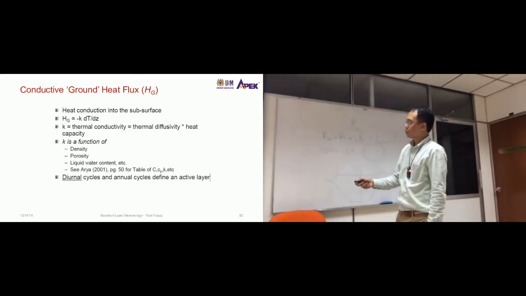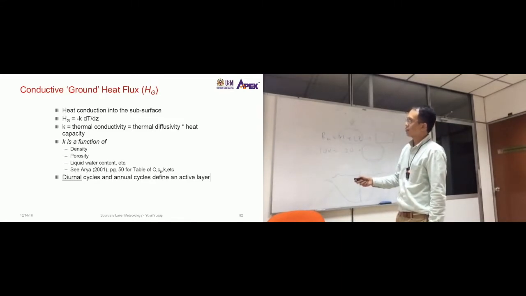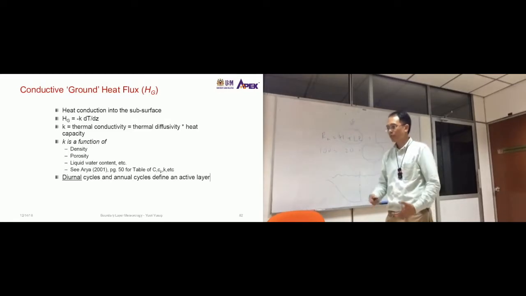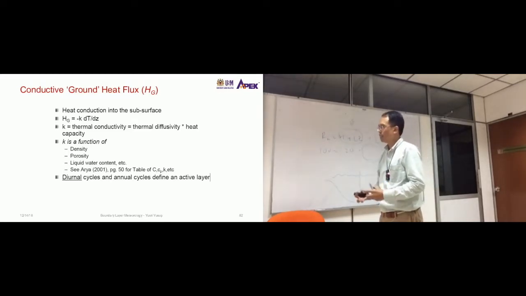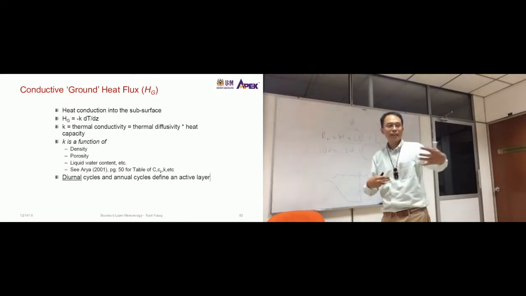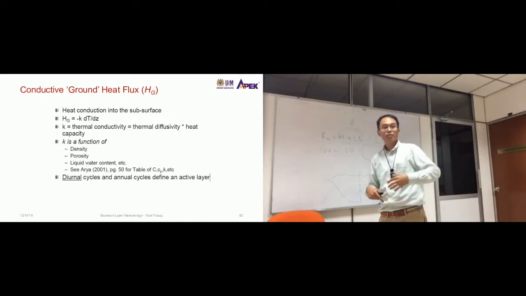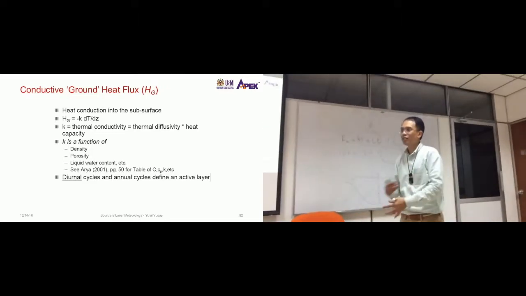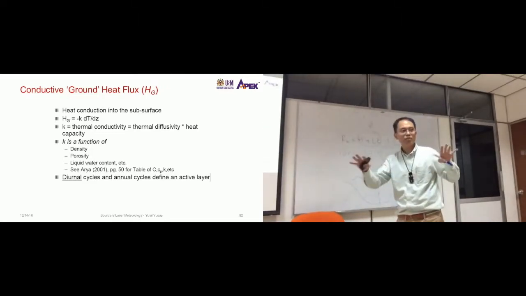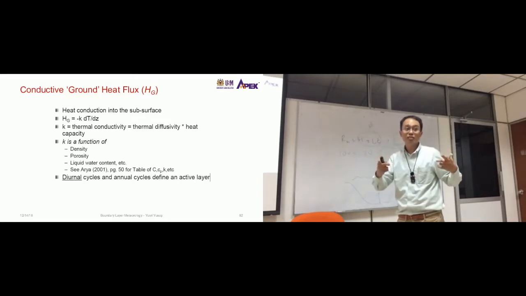Diurnal cycles and annual cycles define an active layer. So the heat flux coming from the ground, or the capacity of the ground to absorb heat, changes throughout the day because of the sun. It also changes throughout the year because of the season. Although we can more or less estimate in Malaysia that the annual cycles will be fairly constant because we only have one season, right?